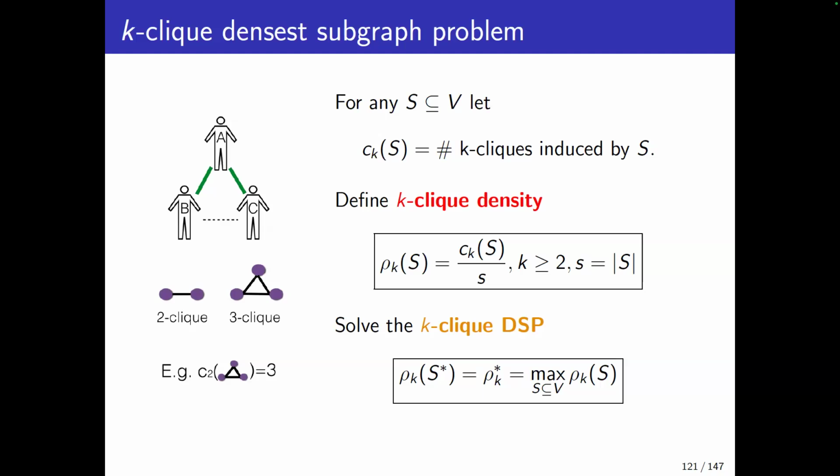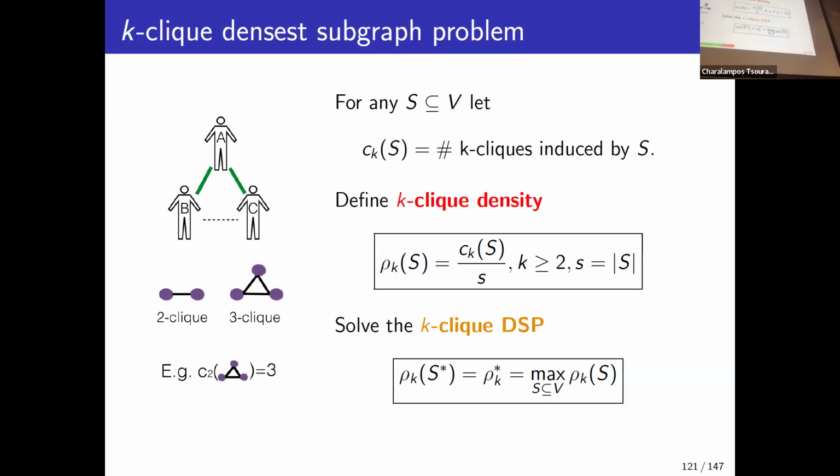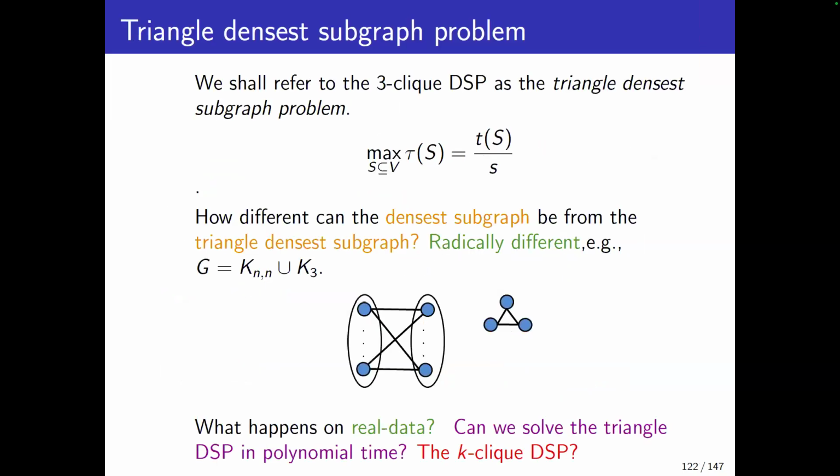So the problem is the k-clique DSP, which is to maximize the k-clique density. We know how to do it for k equal to 2. Can we do it for k equals 3? The answer is yes. In theory, these two differ a lot. So this is the triangle densest subgraph problem. For example, if you have a graph which is a union of a bipartite clique and a single triangle, a bipartite graph has 0 triangles. So the densest subgraph problem will output this bipartite clique, whereas the triangle densest subgraph problem will output this single triangle.